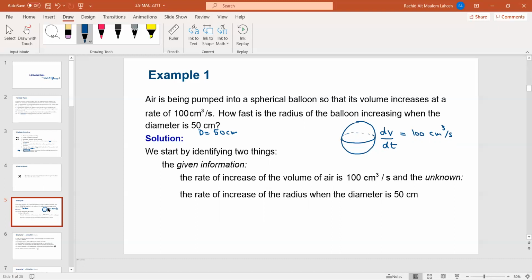So let's break it down. We start by identifying two things. The given information: we're given the rate of increase of the volume, so dV/dt is 100. And we want the rate of increase of the radius when the diameter is 50, right?